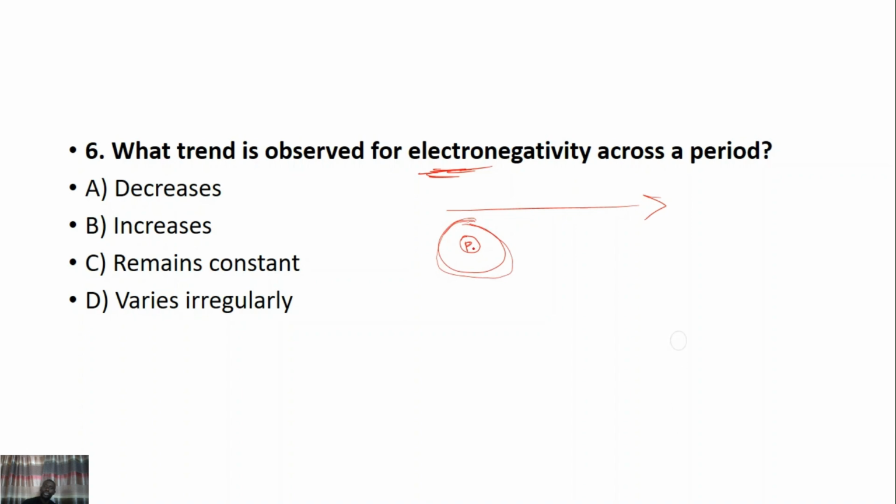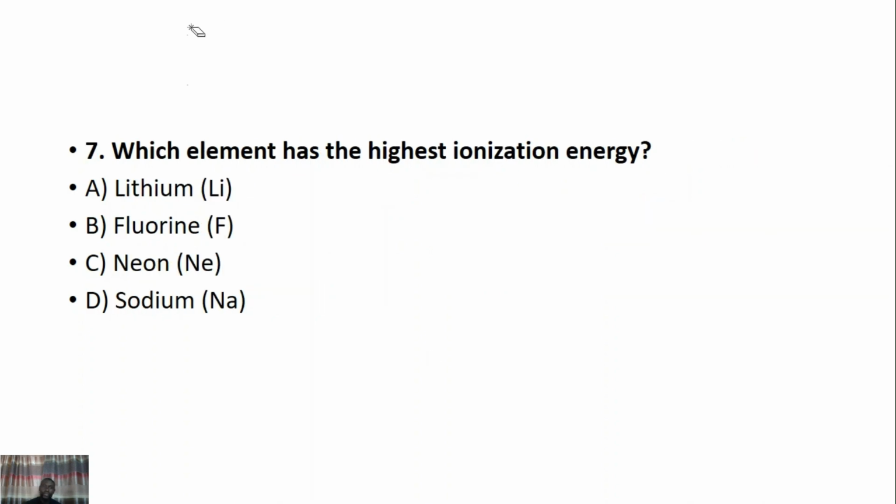Because the positive charge is increasing and positive charge wants to attract negative charge, the tendency to attract electrons increases. So decreases is not correct. Increases is correct. Remaining constant is not correct, because of the variation brought about by the distance of the shell and also the number of charges varying irregularly.